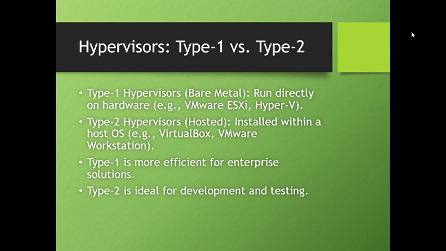How virtualization works: the hypervisor loads and manages multiple virtual machines. Resources like CPU, RAM, and storage are allocated to each virtual machine. Each virtual machine runs its own OS independently. Isolation ensures security and stability.